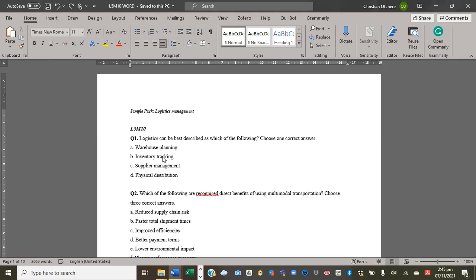So warehousing is part of materials management. You are managing materials in the warehouse. Pipeline inventory, you manage it in the pipeline, in transit. Inventory management, and we use technology to do that. Inventory tracking doesn't deliver the goods from point of origin to the point of consumption.